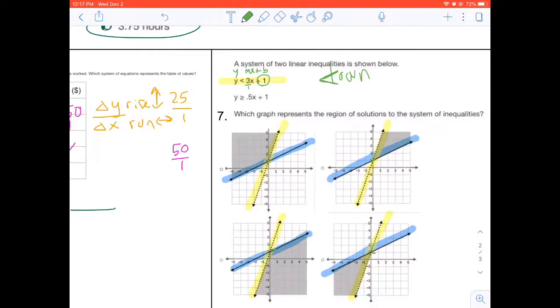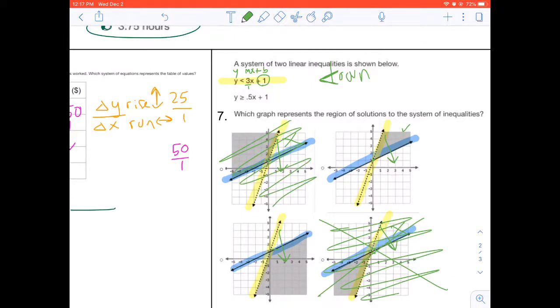From anywhere on the line that you put your pencil, if you shade down, are you getting into the shaded region? Well, no, not on that one. Yes, possibly here for the yellow line, not here. And then this one also has some shading. So we've eliminated 2 of our choices. It's not this one, and it's not this one.